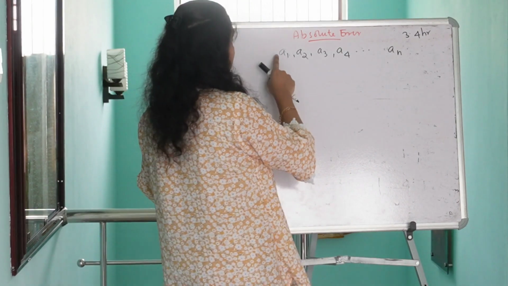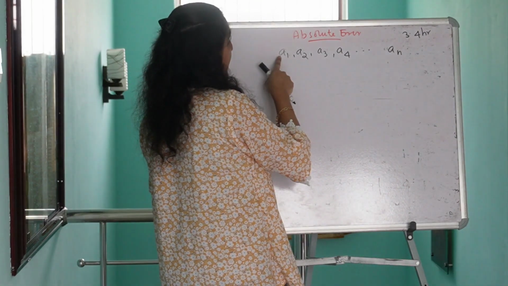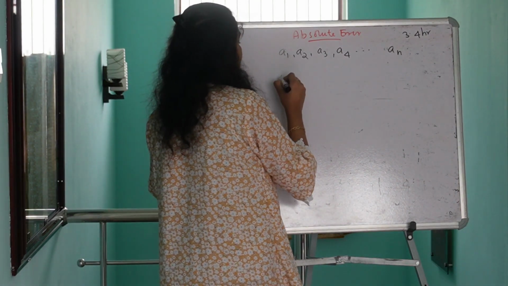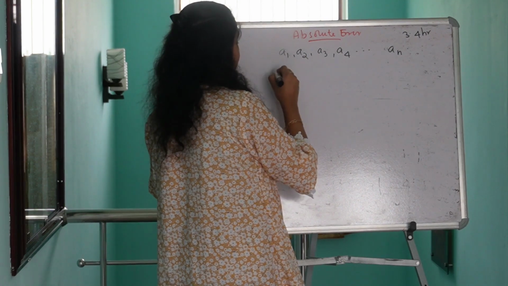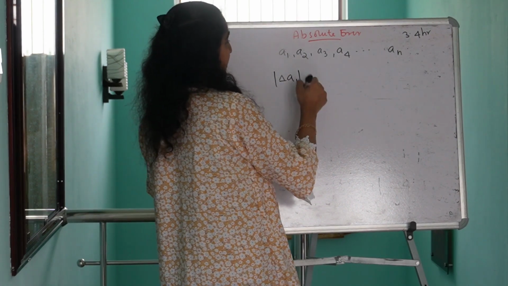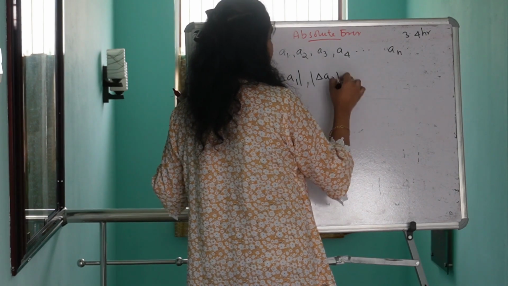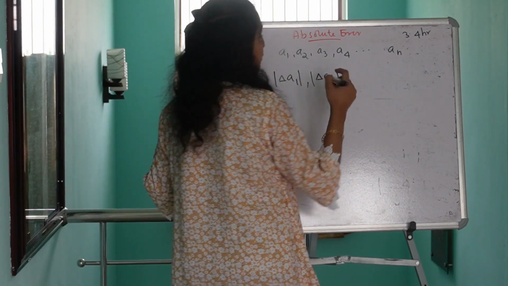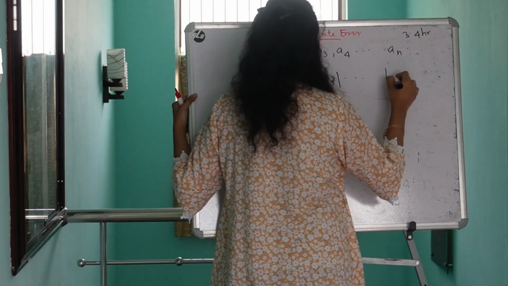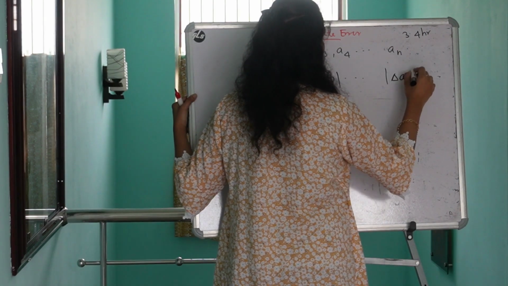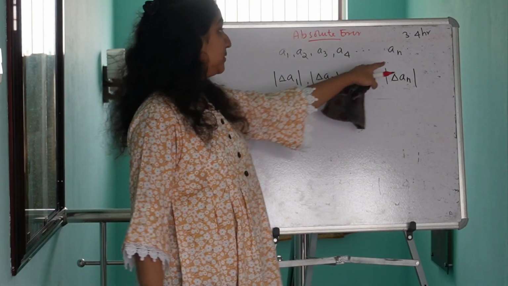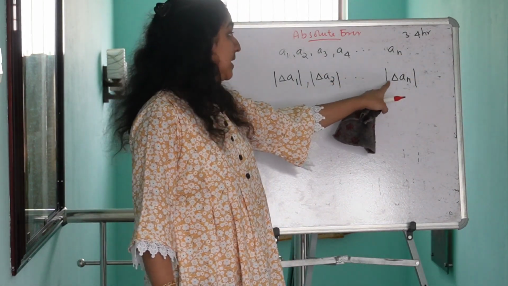So what is the absolute error for the measurement A1? It is the magnitude of del A1. What is the absolute error of measurement A2? It is the magnitude of del A2. It goes on like this, and the absolute error in the measurement AN is the magnitude of del AN.